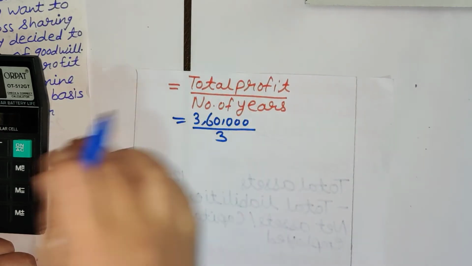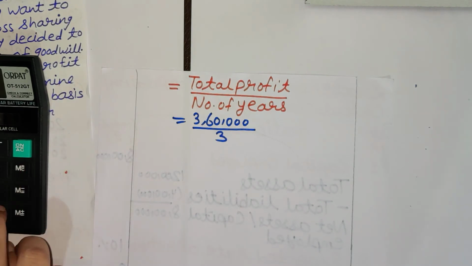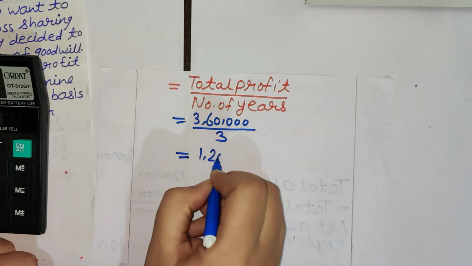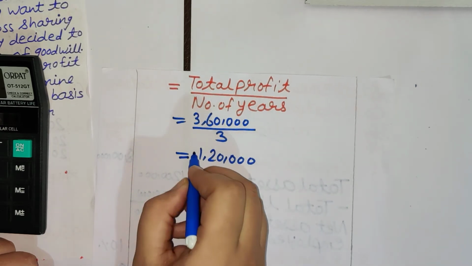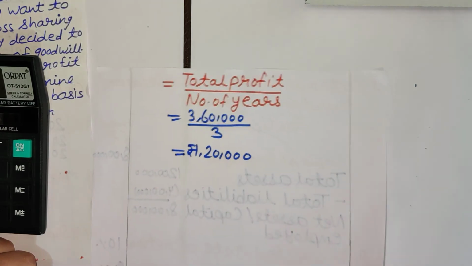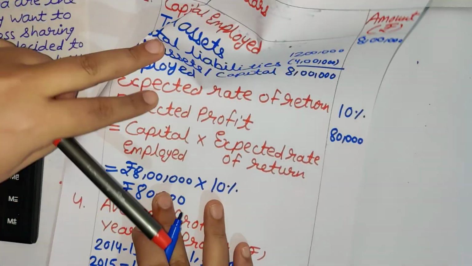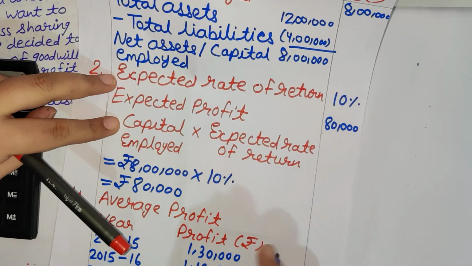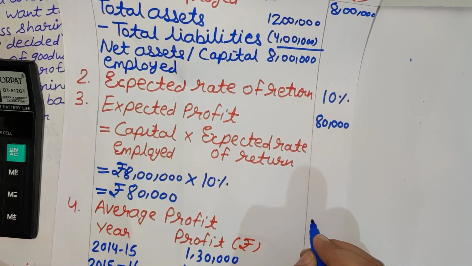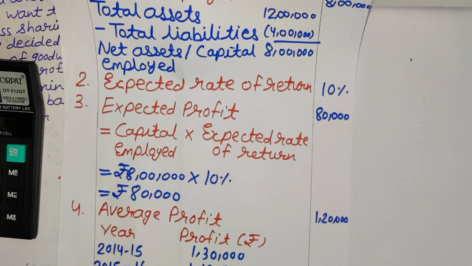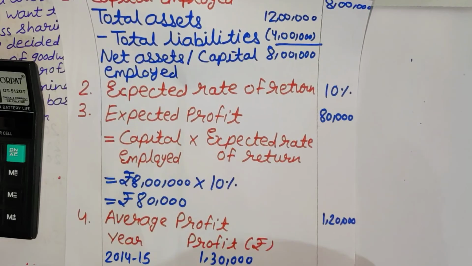So we will divide this by the 3. So answer is 1,20,000. Answer is 1,20,000. So we will write here 1,20,000. Okay. So these are the four steps which we have to follow.